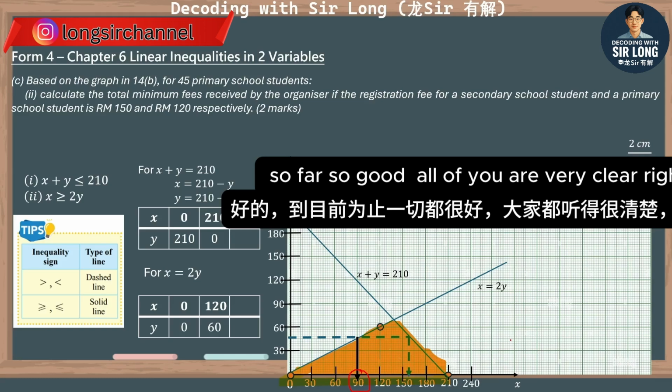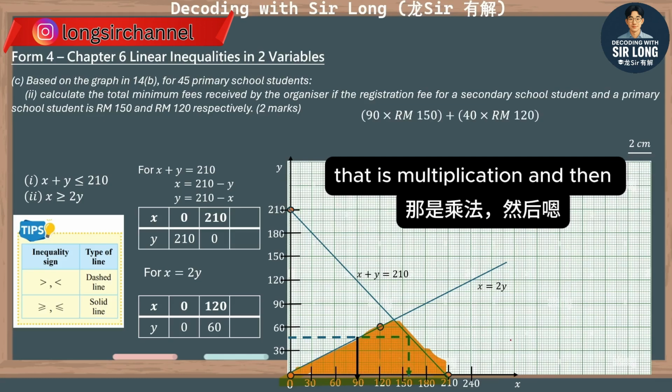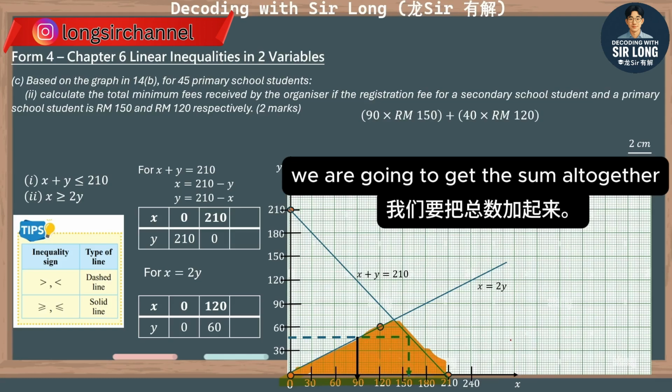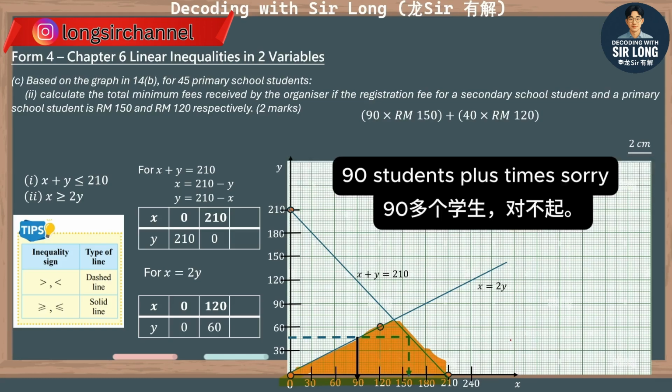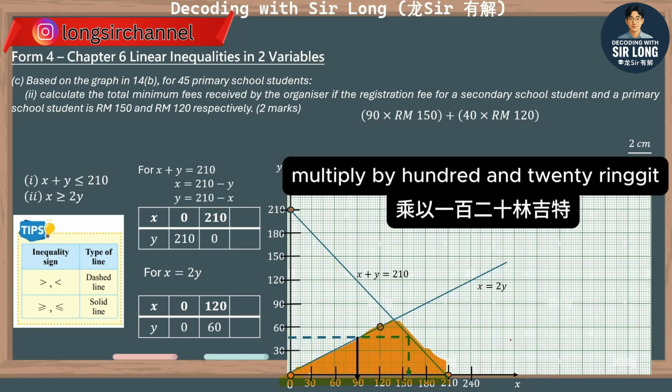So far so good, all of you are very clear, right? Then we are going to do simple calculation, that is multiplication. And then after obtaining these two products, we are going to get a sum altogether. 90 students multiplied by 150 ringgit plus 45 students multiplied by 120 ringgit.